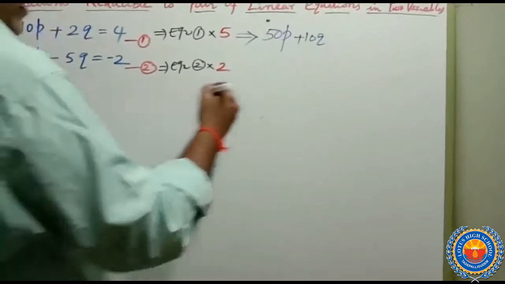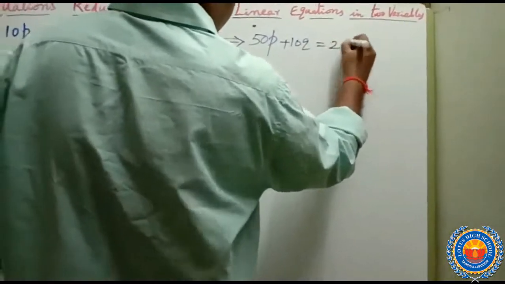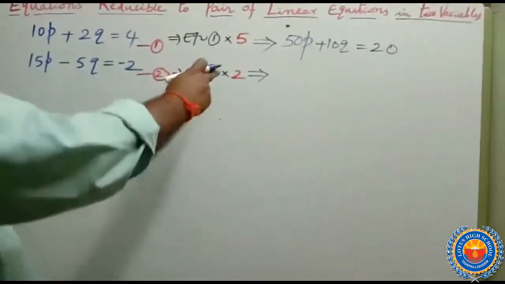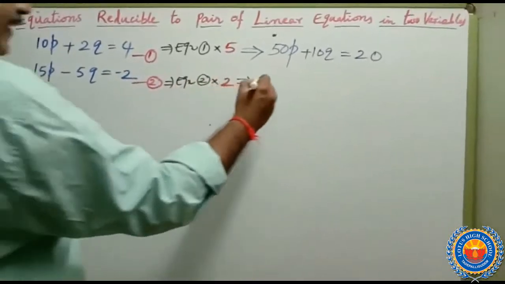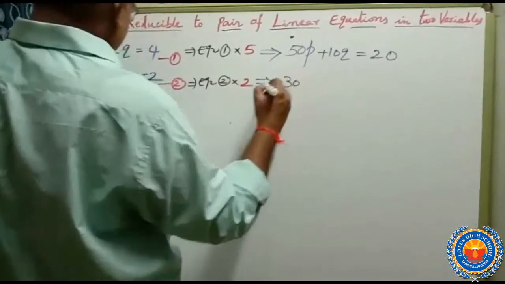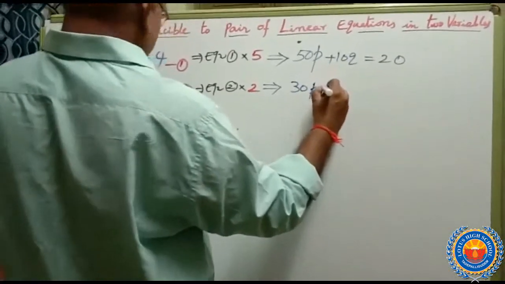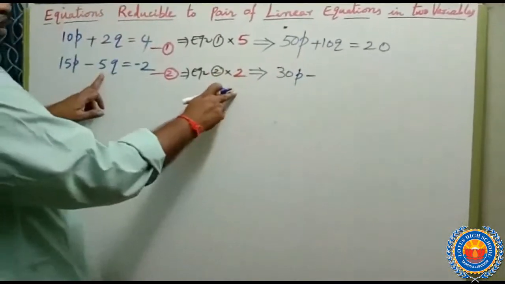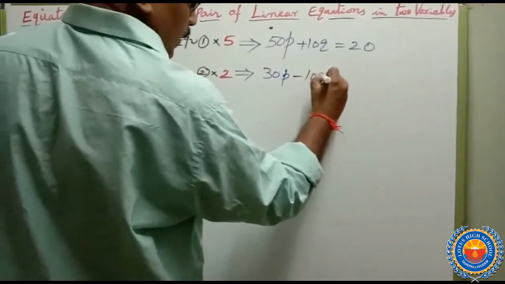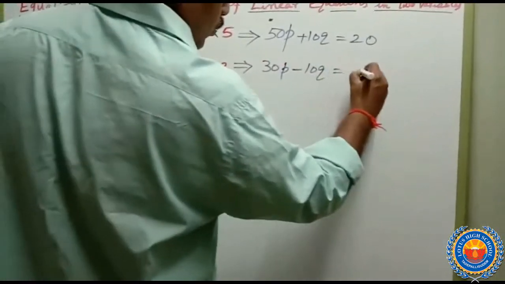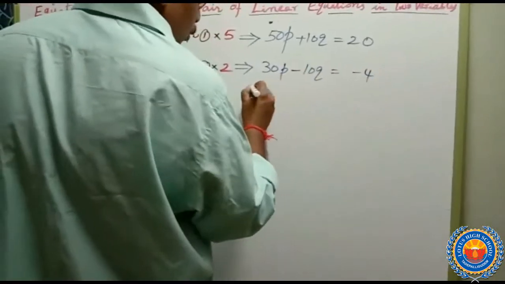This implies equation 2 into 2: 30p minus 10q is equal to minus 4 into 2, that is minus 8.